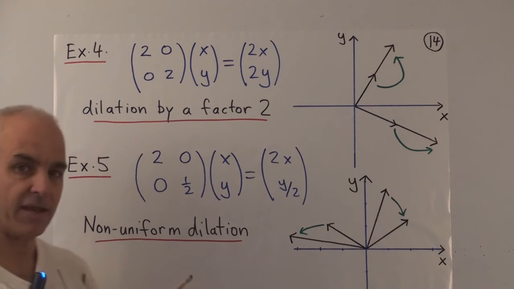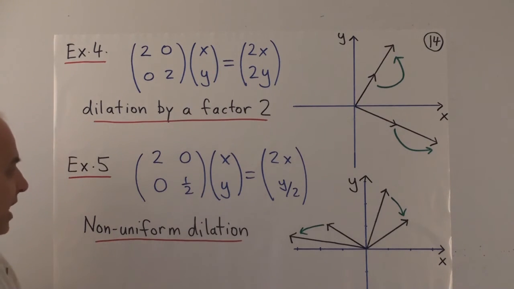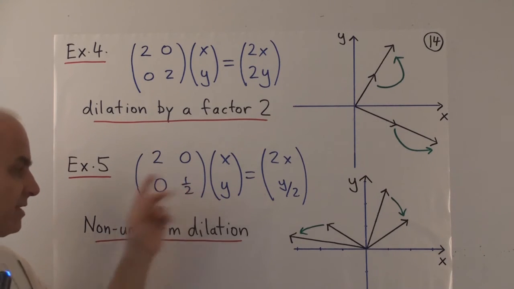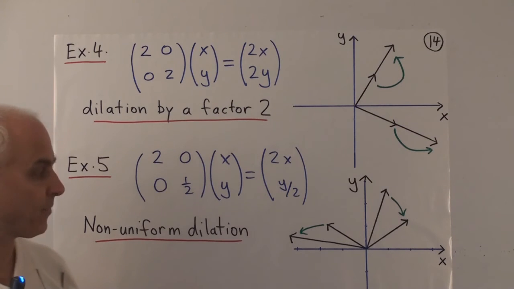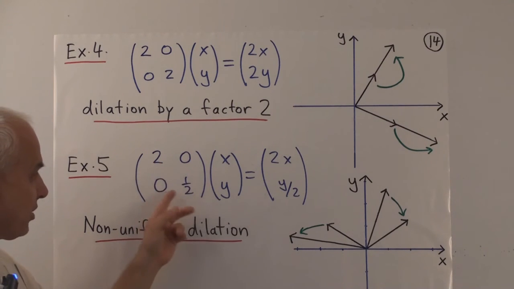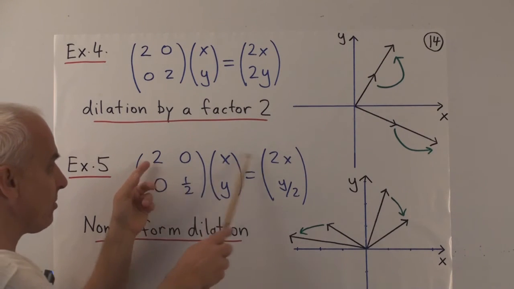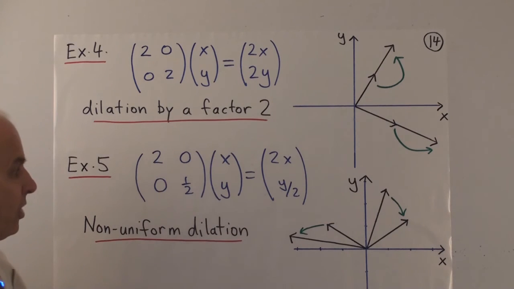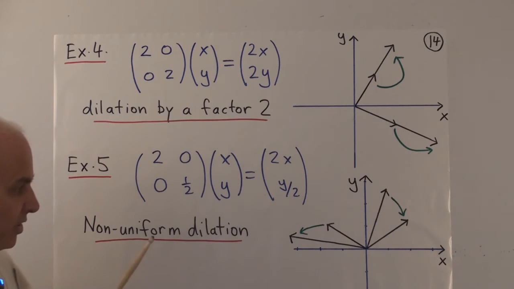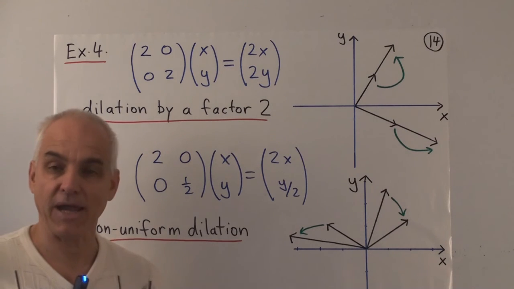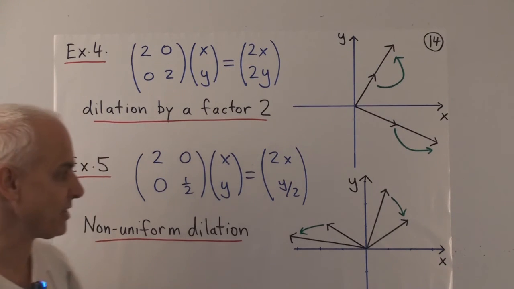We can get more complicated dilations or non-uniform dilations by putting different numbers along the diagonal, but keeping the off-diagonal elements 0. So if we multiply by 2, 0, 0, 1/2, then the effect is to multiply the x coordinate by 2, but multiply the y coordinate by 1/2. So we're scaling or stretching things by different factors in different directions.